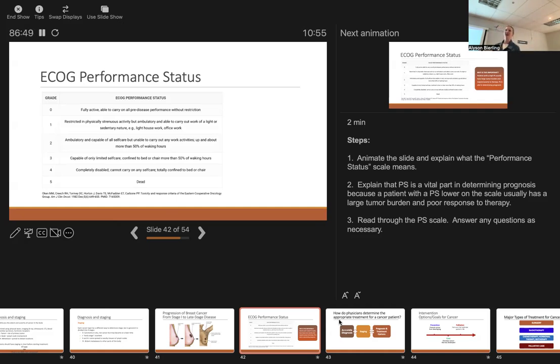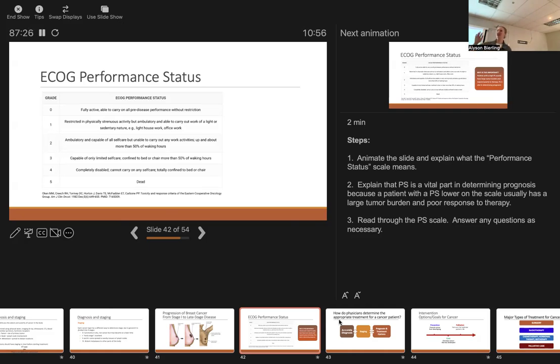We're able to carry out all of our normal activities, perform our activities of daily living at home, and go to work and perform our job normally. And then grade 5 is a patient that is dead. Grade 4 is a patient that is completely disabled. They're not able to carry out any self-care or any of their activities of daily living, and they're totally confined to the bed or to the chair. And then we have grade 1, 2, and 3 in between, okay?